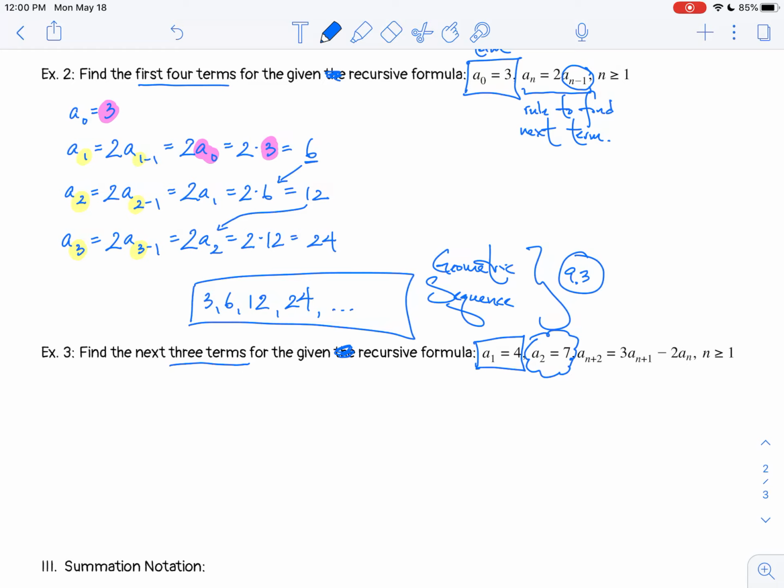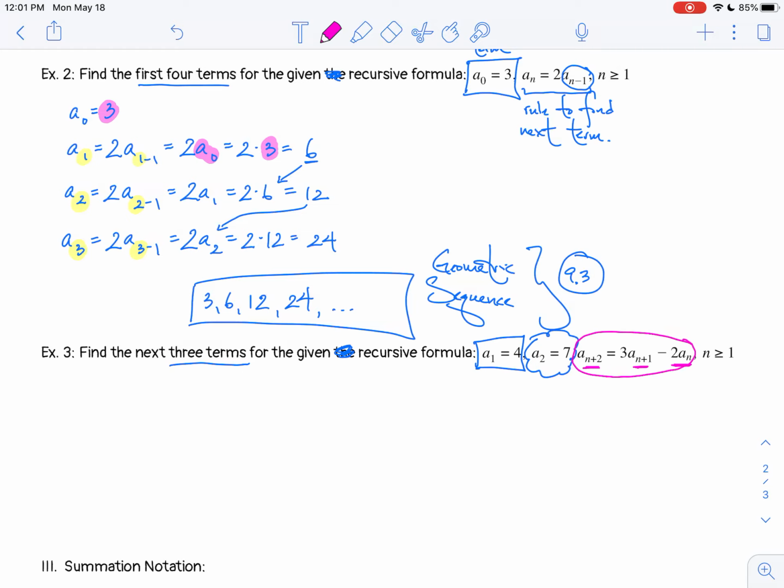Sometimes you need to be given 2 values in order to find the third. That's just how the pattern is. In this case, the pattern tells me that if I want to find one term, I need to know the one that came before and the one that came 2 before.